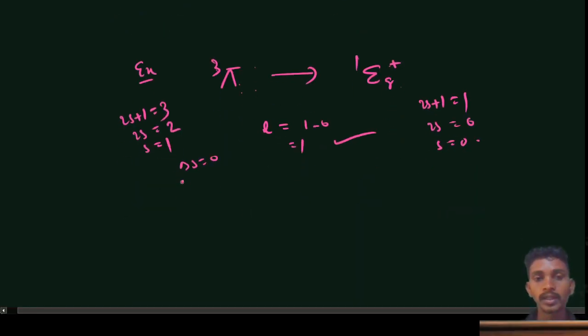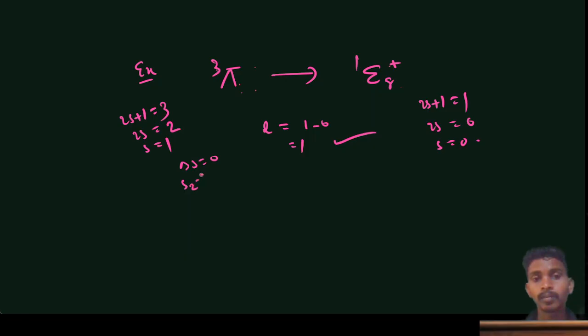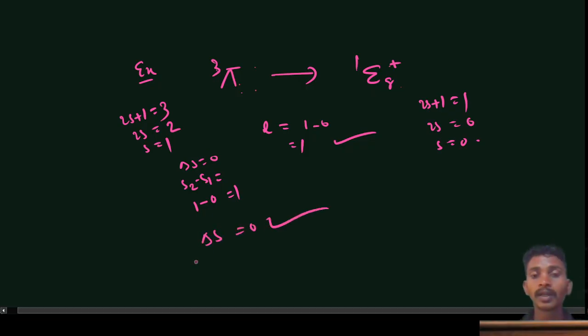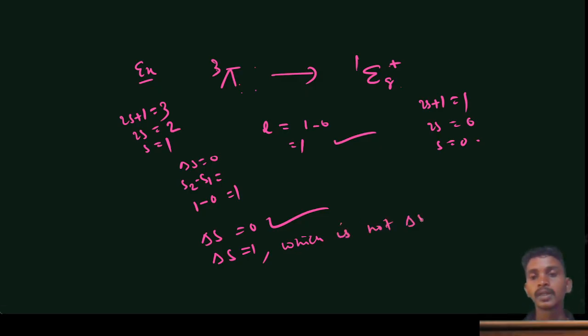Here S2 minus S1 is 1 minus 0, that is 1, but we know delta S has to be 0 for allowed, but here the delta S is equal to 1, which is not equal to 0, so this is forbidden.